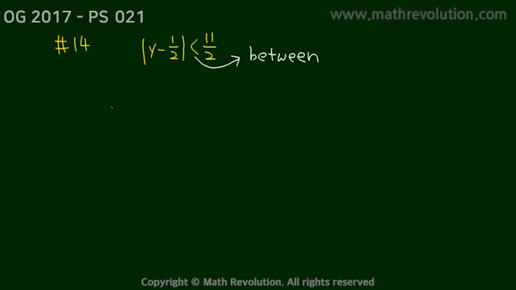So if I rewrite that, we have negative 11 over 2 smaller than y minus 1/2, and this is smaller than 11 over 2.